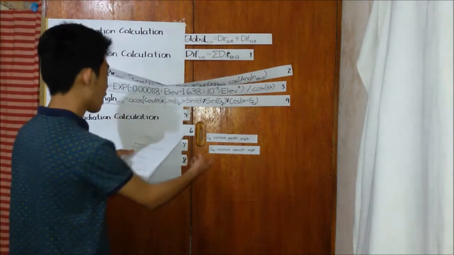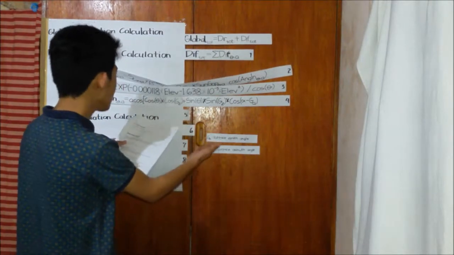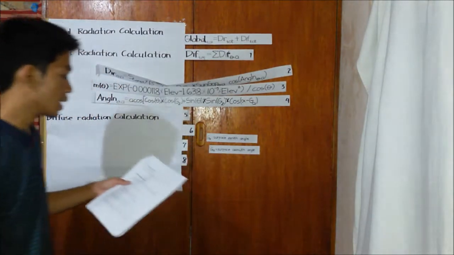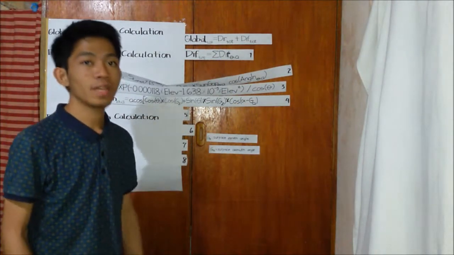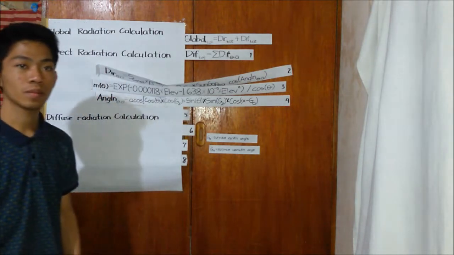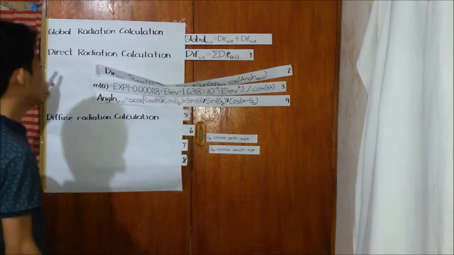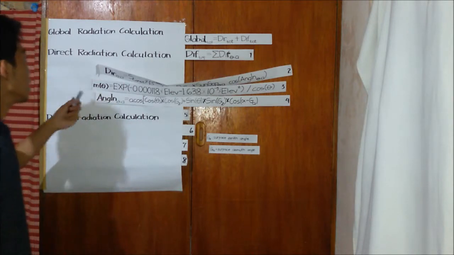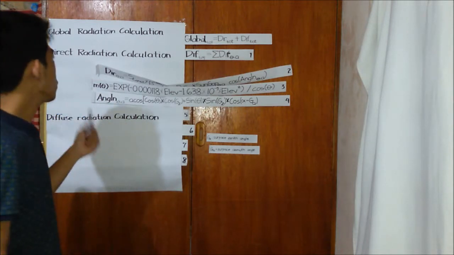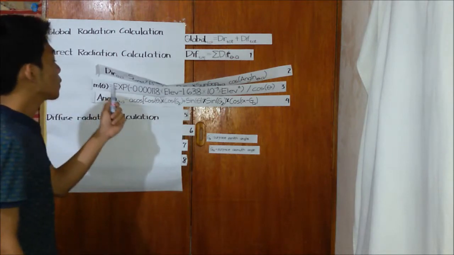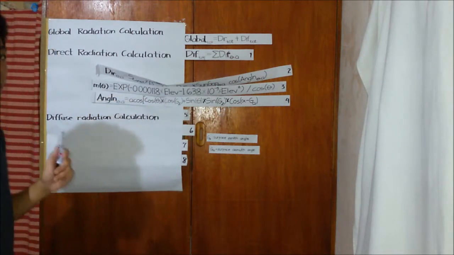For a zenith angle greater than 80 degrees, refraction is important. So this fourth equation is how to calculate the direct radiation.